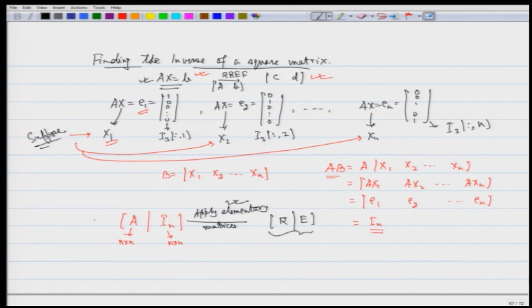So, I am multiplying certain matrices E1, E2, Ek. Is that okay? Now, as I said, I would like to write it as some P, fine. So, what we are getting here is that P applied to this part is equal to R applied to E. Is that okay? Fine. So, from here what I get is that P times A is R and P is the same as E.